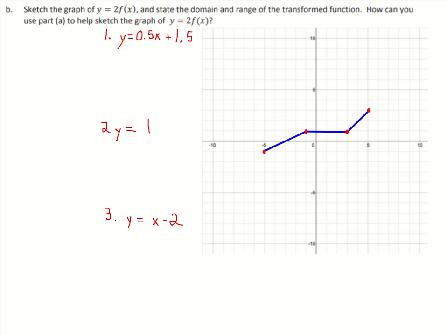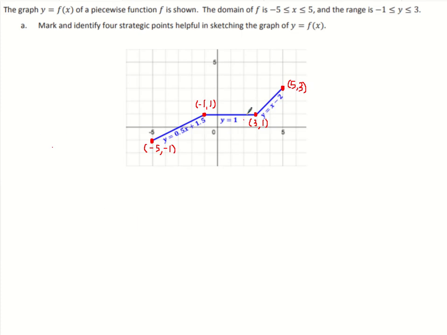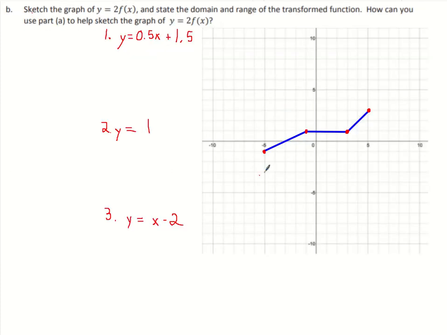How can we use part A to help us sketch the graph? We're going to compare all of the points that we have here to our new graph and see how we could have gotten from these points to our new graph.